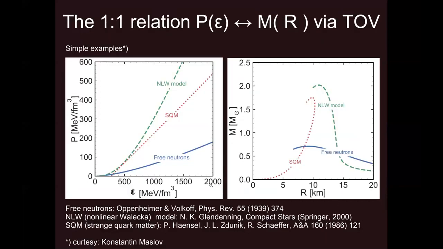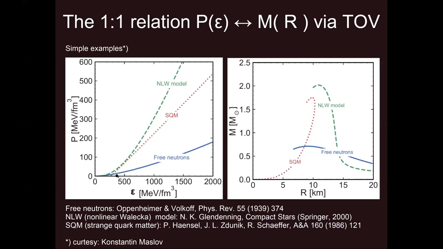Now, I would like to elucidate for you the one-to-one relationship between the equation of state and the mass-radius curves, which is the basis for these ongoing investigations of observations of masses and radii of compact stars in order to finally infer the cold matter equation of state from these observations at densities which are not accessible at such low temperatures in terrestrial experiments.